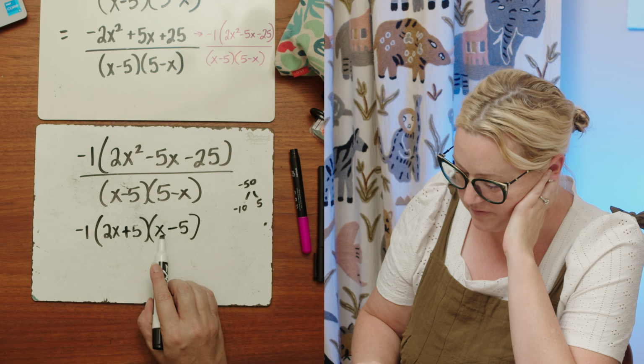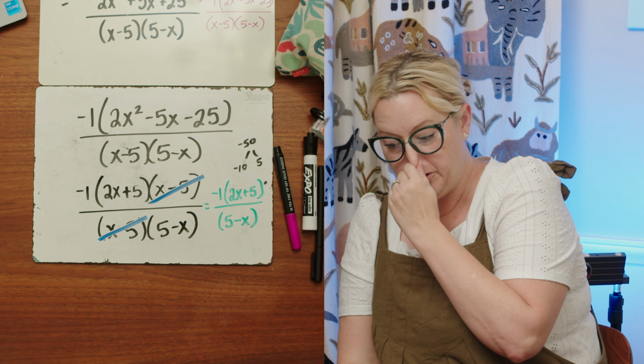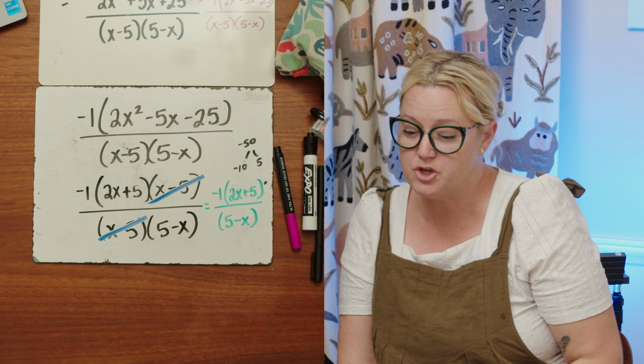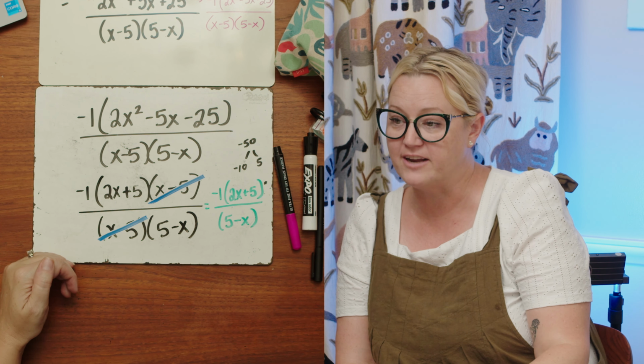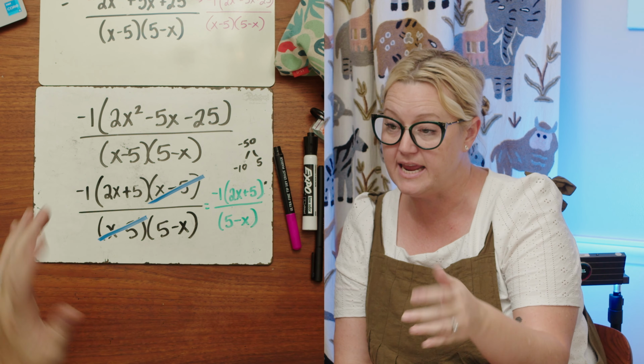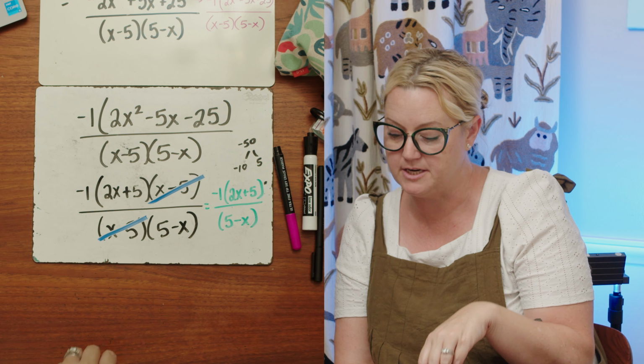At this point, once you have it all factored out, these can cancel out, and then you end up with negative 1 times 2x plus 5 over 5 minus x. Now, another way you could do this is to factor out the negative at the beginning, and that could be the same common denominator.